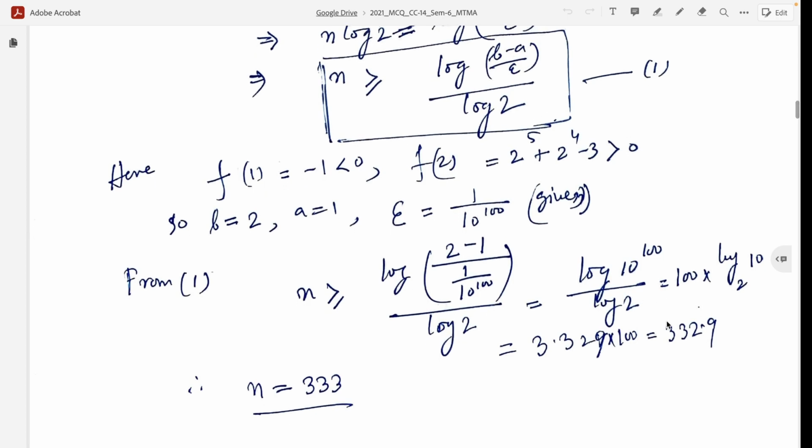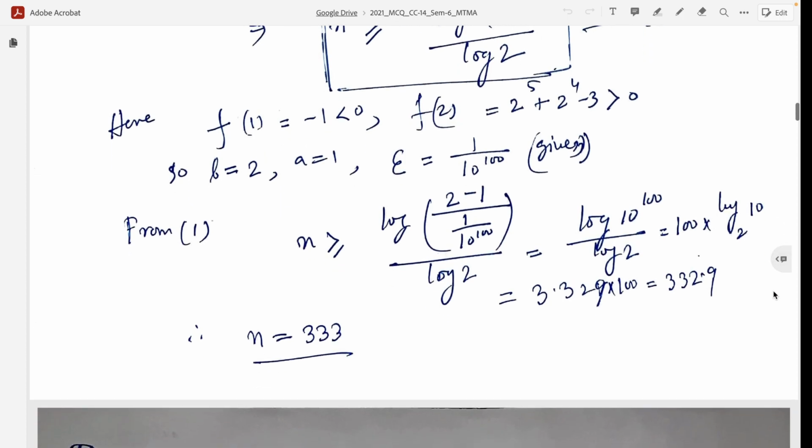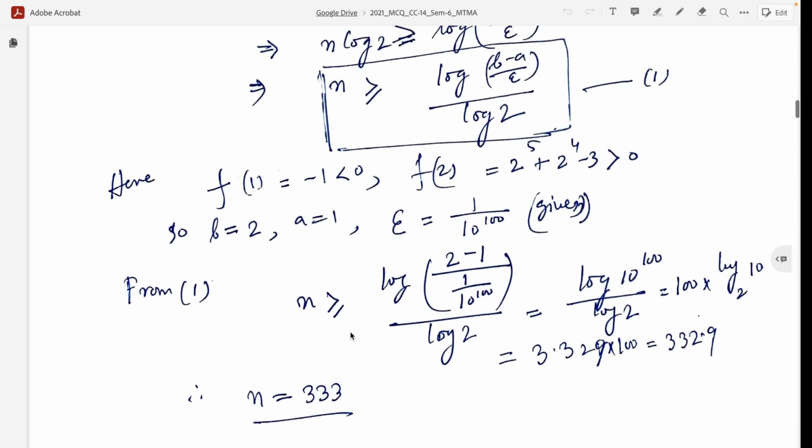We get 100 into log 10 to the base 2, and after calculating log 10 to the base 2, we get 3.32 into 100, so 332.9. So n is a positive integer which is greater than or equal to this, so obviously the least value of n is 333.